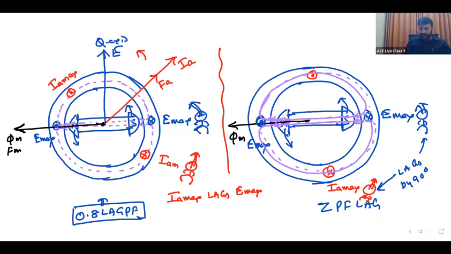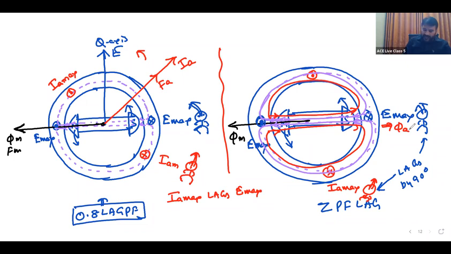But what is the direction of the armature flux? This is for ZPF lagging we are taking. Apply the thumb rule: the armature flux is in exactly the opposite direction. This is the direction of the armature flux, phi A.